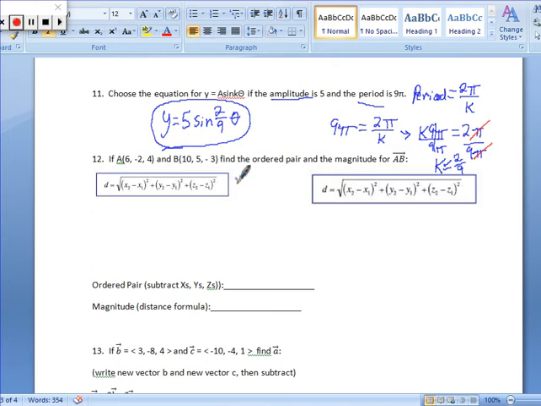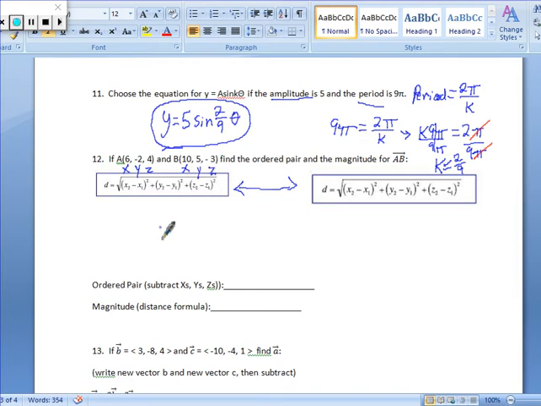For this type of problem, I realized on some I wrote this 2 times, on others I didn't. The ordered pairs, okay, where you subtract your x's, your y's, and your z's. So if you don't remember, here's my x, here's my y, here's my z, and then same thing here, x, y, and z.